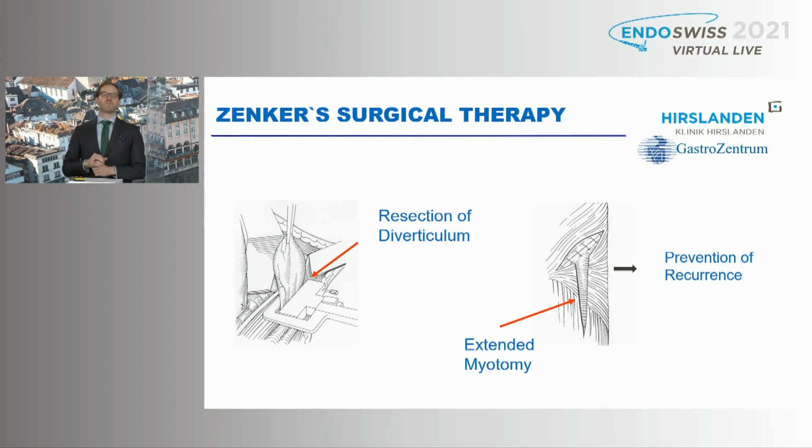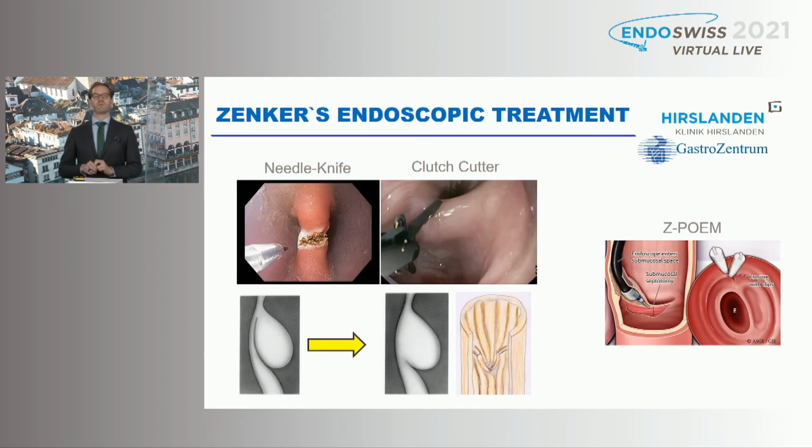What we know from surgical data is that it's not only the resection of the diverticulum. You have a high recurrence rate if you don't do an extended myotomy and cut the sphincter or the muscles below the diverticulum. And that is exactly what we do with our technique. We cut the septum between the esophagus and the diverticulum, and with cutting the septum, we do the myotomy.